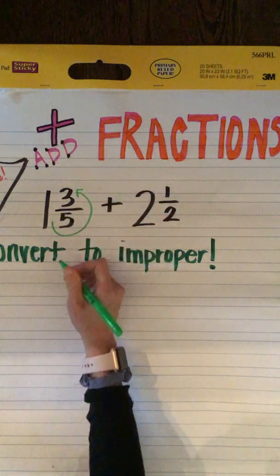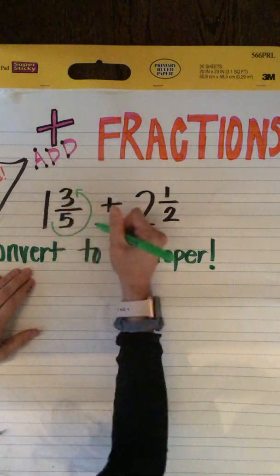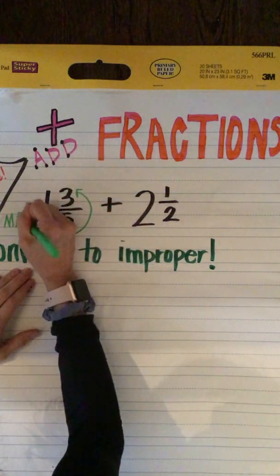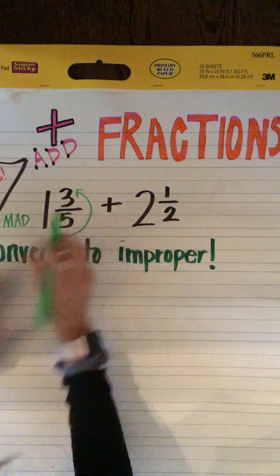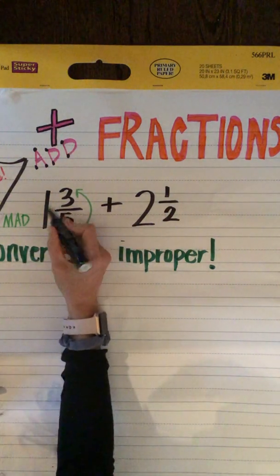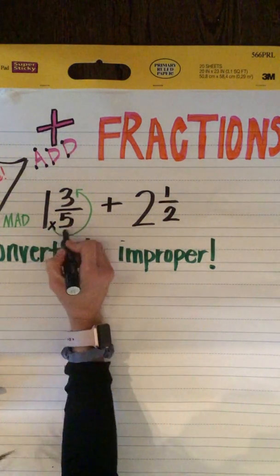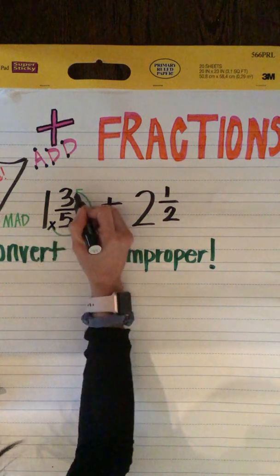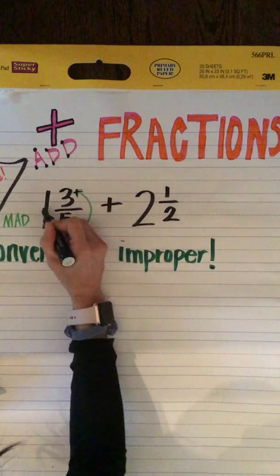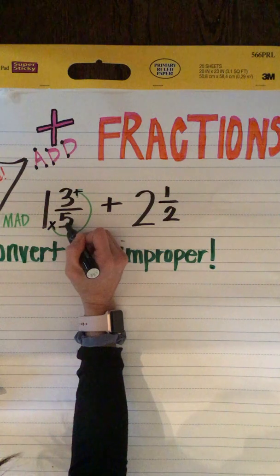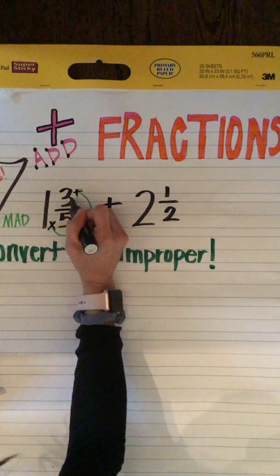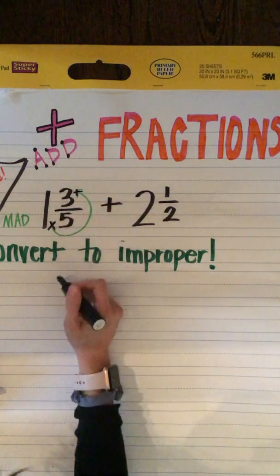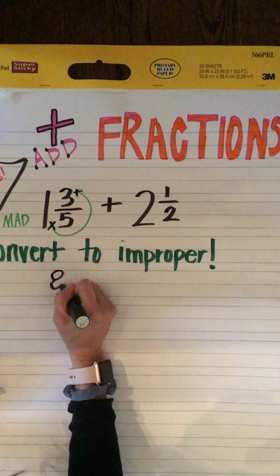And remember that we followed M-A-D. First we multiply, so 1 times 5 is 5. Then we add 3, so 5 plus 3 is 8. So our numerator is 8.